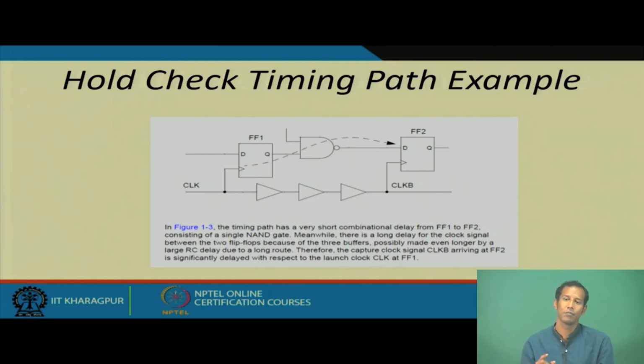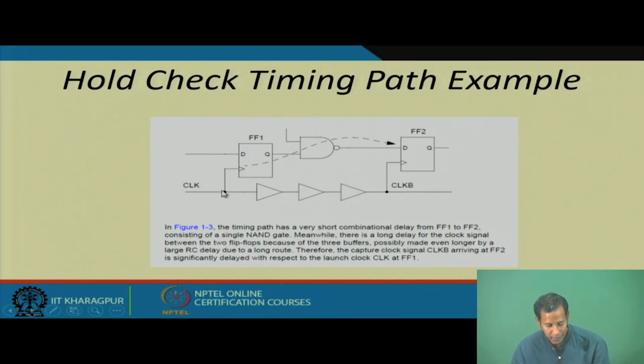This distribution requires the clock tree network, or clock tree synthesis. In this example, if this is the location of the clock pin, the path to reach this flip flop and the path needed to reach the clock pin of this other register are not the same.